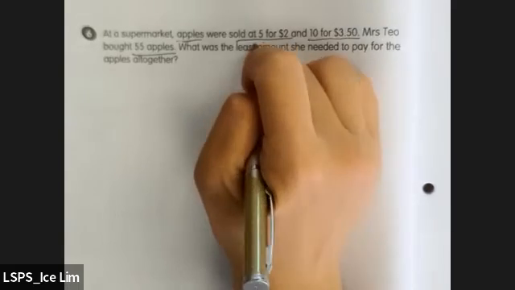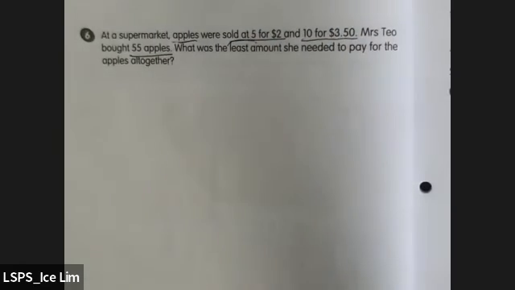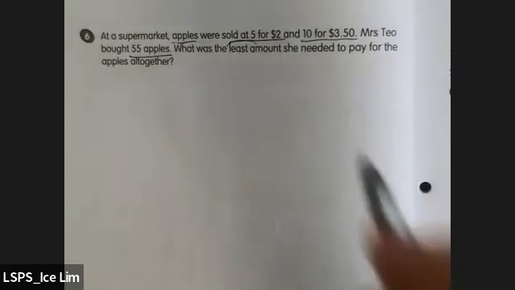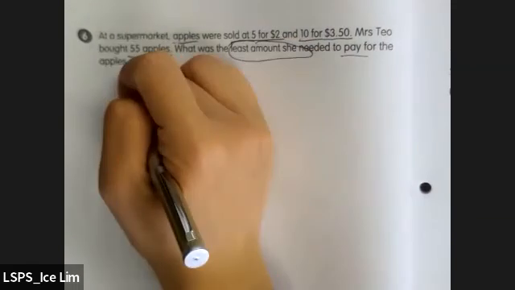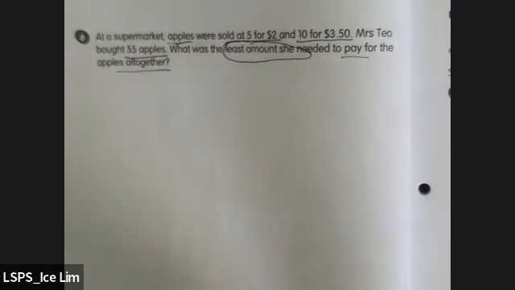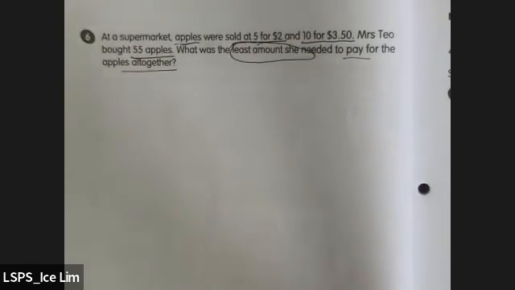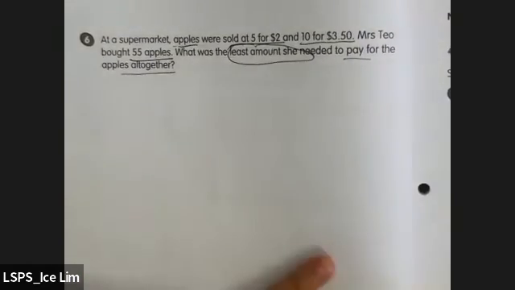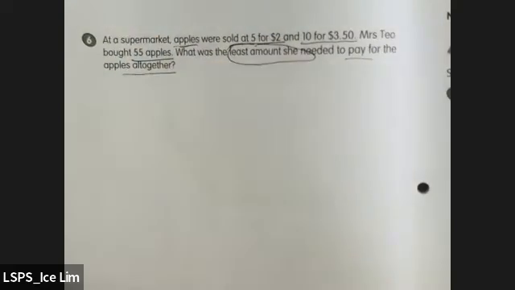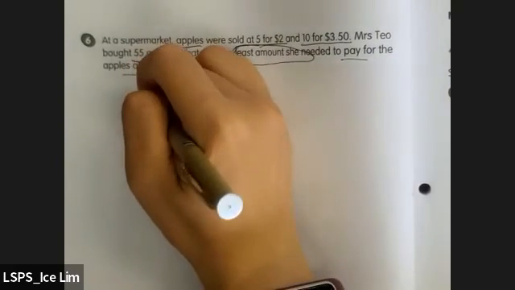So, the thing about this is, if you put the ideas of how we chose the mobile plan or the eggs, the idea here is, Mrs. Teo here, she wants to go for the cheapest method.